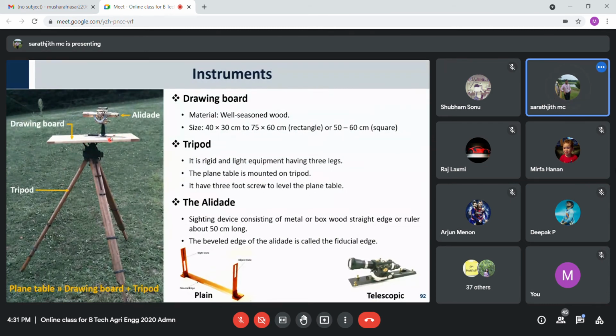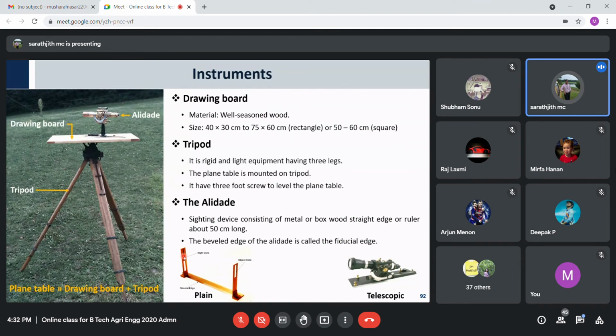Okay, and the third one is the alidade. Alidade is a simple tool. You can have two types of alidade. One is the plain alidade, which I have shown at the bottom, and the other one is the telescopic alidade. The plain alidade consists of two vertical vanes: one is the sight vane and the other is the object vane.